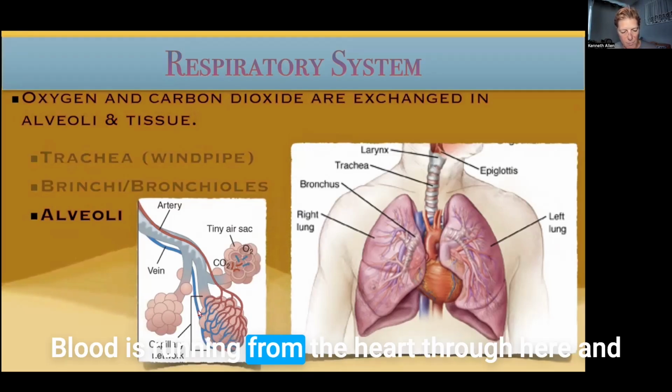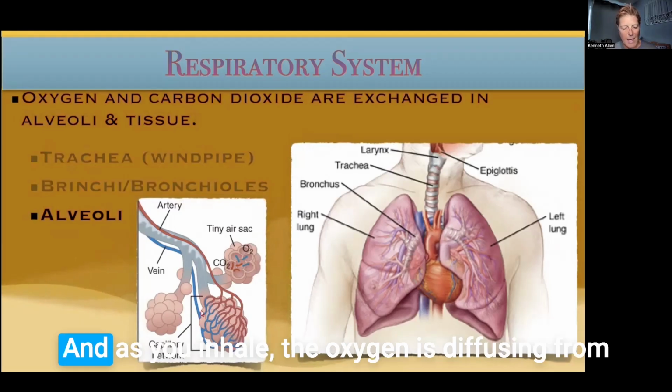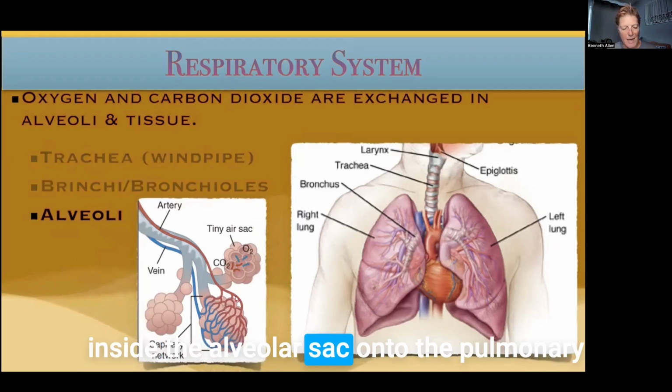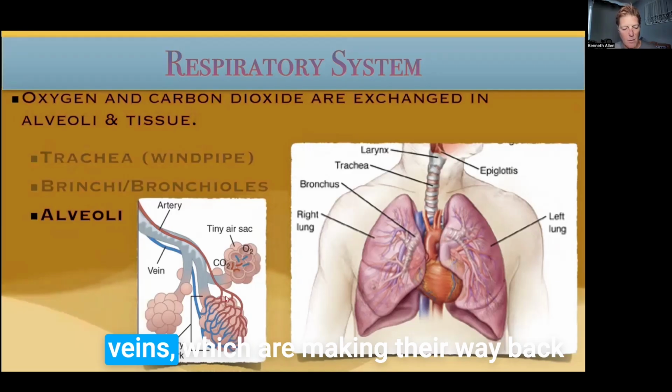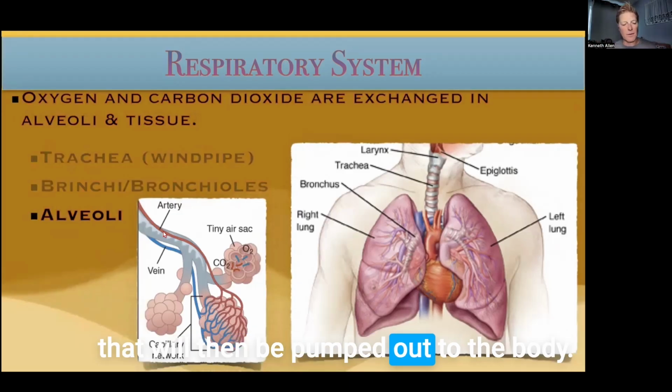Blood is running from the heart through here and diffusing carbon dioxide into the alveolar sac. And as you inhale, the oxygen is diffusing from inside the alveolar sac onto the pulmonary veins, which are making their way back up to the heart.